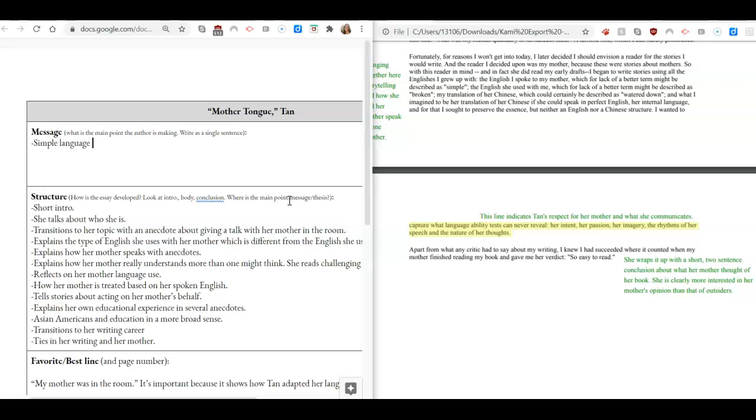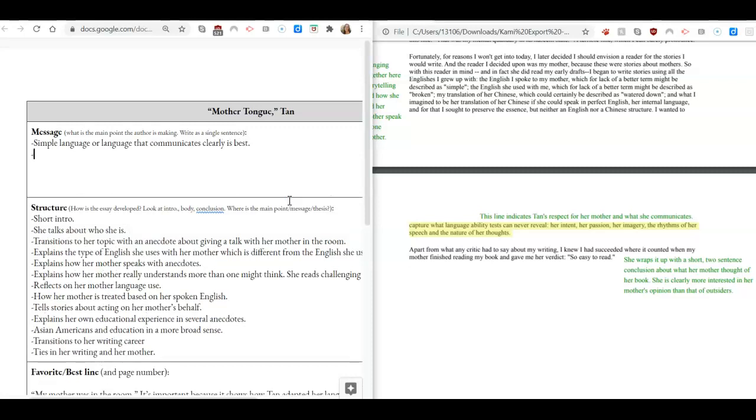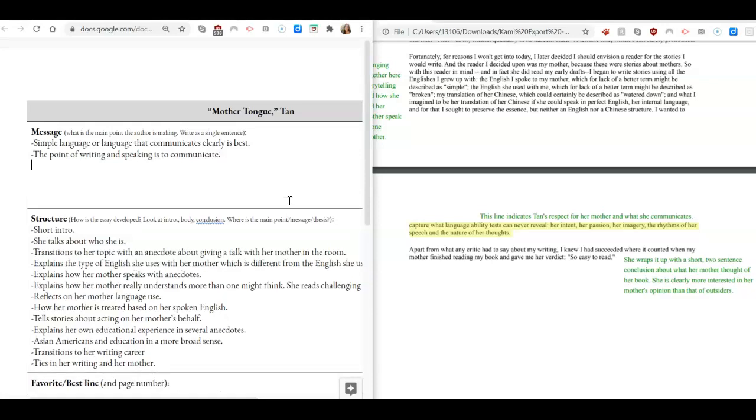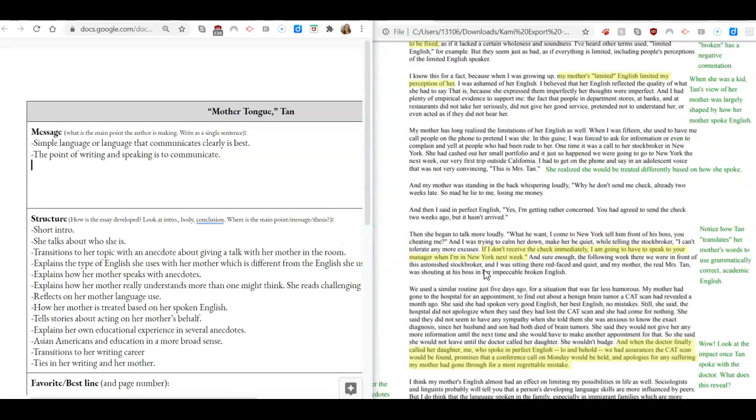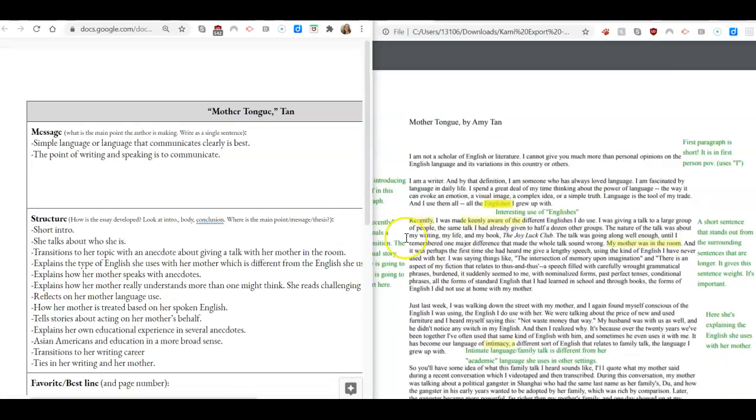simple language, or language that communicates clearly, is best. Or maybe something about the point of writing and speaking is to communicate. I think that's clear because she understands what her mother's saying, even if there are some grammatical errors in it.